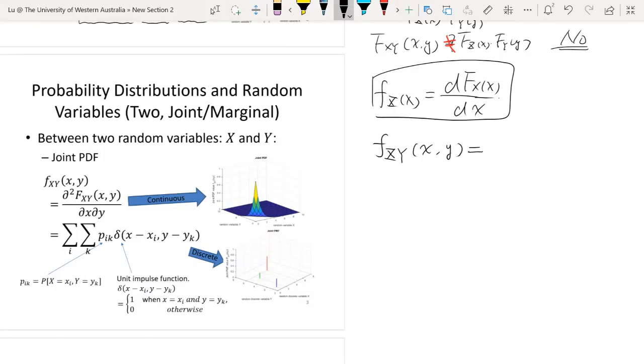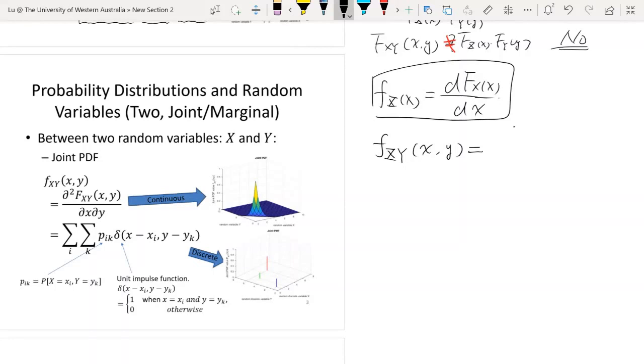This joint PDF is also used to measure the change rate of the corresponding joint CDF. But you have two random variables, so you have to evaluate the change rate for each of them, respectively.